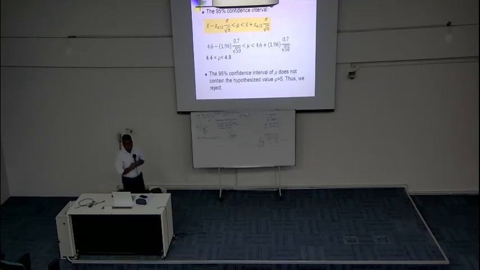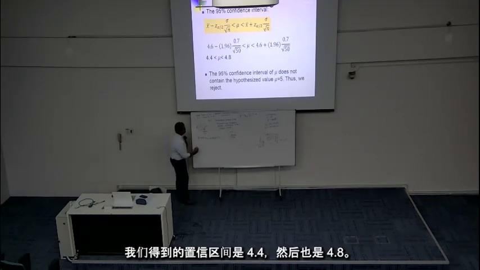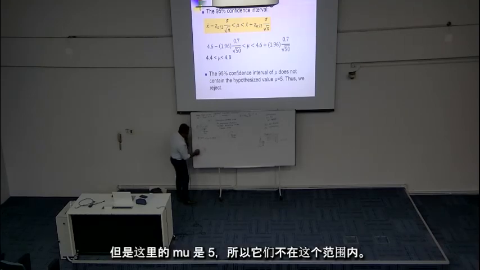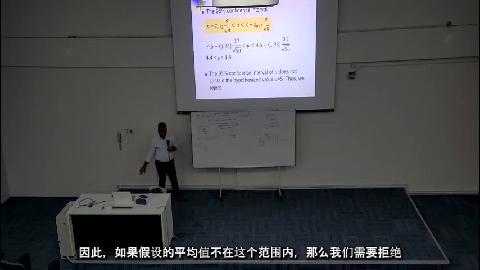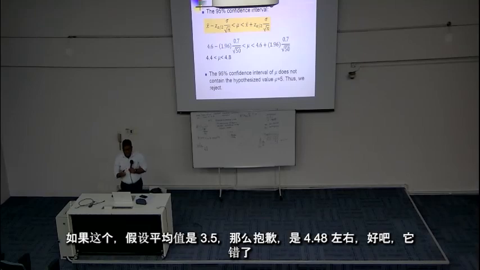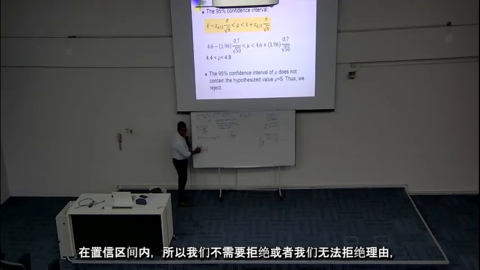If the hypothesized mean does not lie within the interval, we reject the H null. If, let's say, the mean is 4.48 something, it lies within the confidence interval, so we fail to reject the H null.